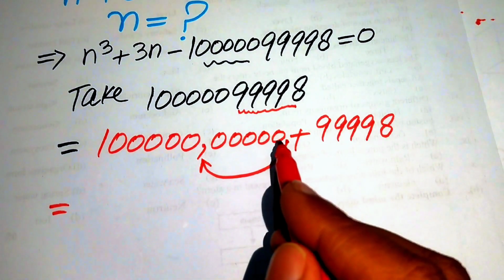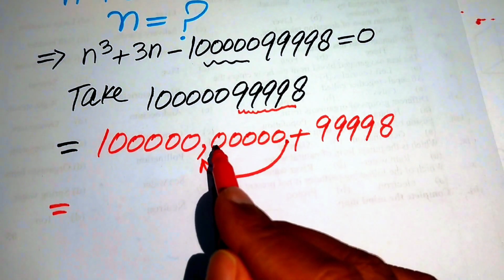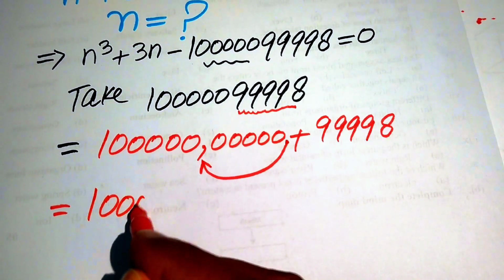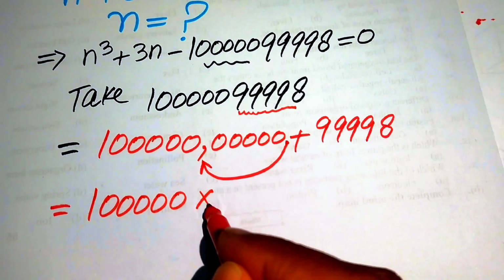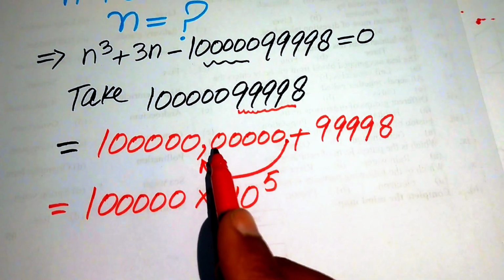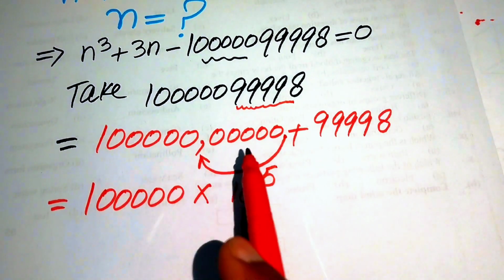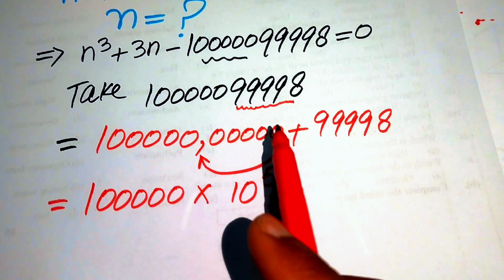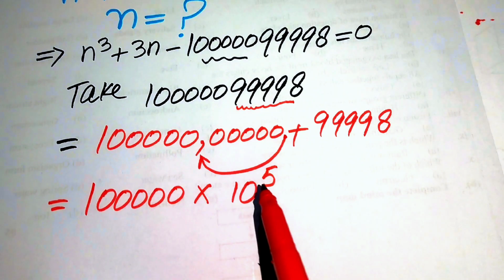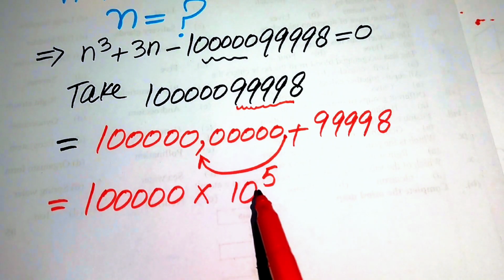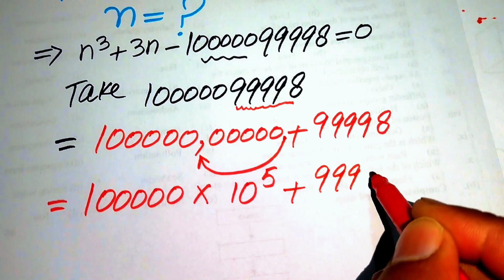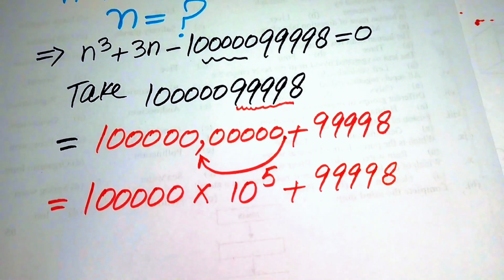Here we move this decimal 5 places from the left, so we write it as 1 into 0 0 0 0 0 multiplied by 10 raised to power 5. If we move the decimal 5 digits right, then the exponent of 10 is negative, but here the exponent of 10 is positive, and we have plus 999 and 9 into 8.